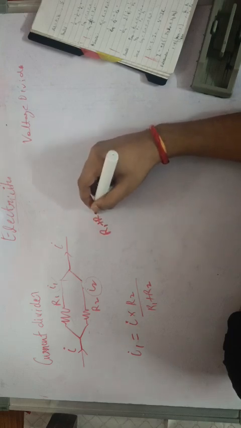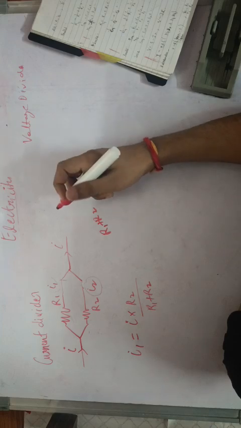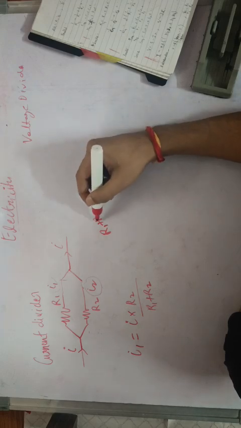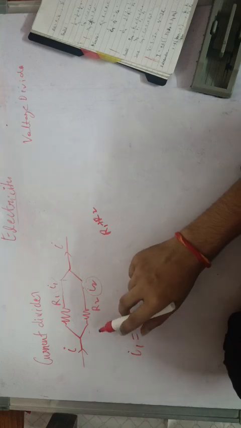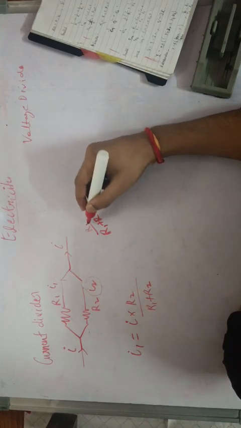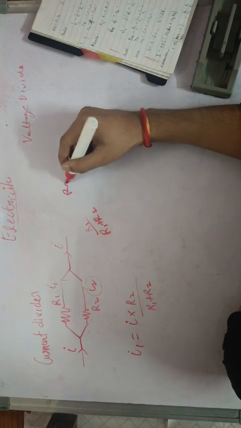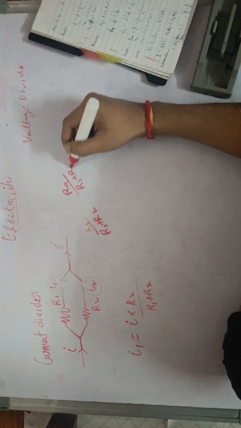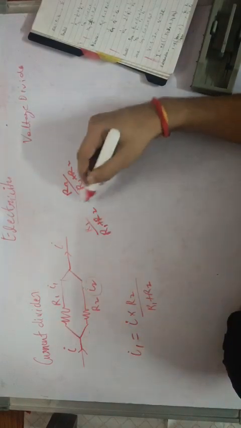So let's say the sum of R1 and R2 is this, and then the ratio in which the current divides is like this: R1 over R1 plus R2 and R2 over R1 plus R2. This is how the current gets divided into parts.